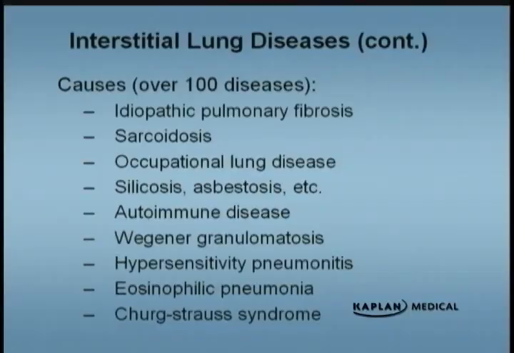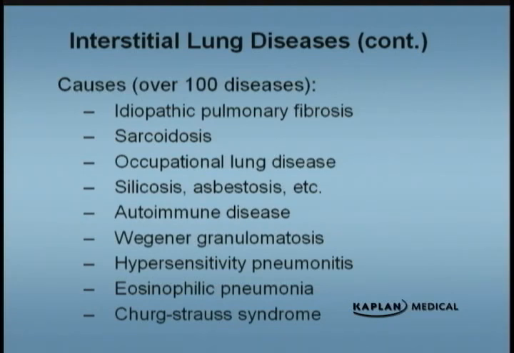Some of them are idiopathic pulmonary fibrosis, sarcoidosis, and the occupational lung diseases, a big category here. That's why they ask, what is one of the most important things that we get in patients with interstitial lung disease? The answer is a good occupational history. You make sure they weren't exposed to something you should be looking for: silicosis, asbestosis, and all that.